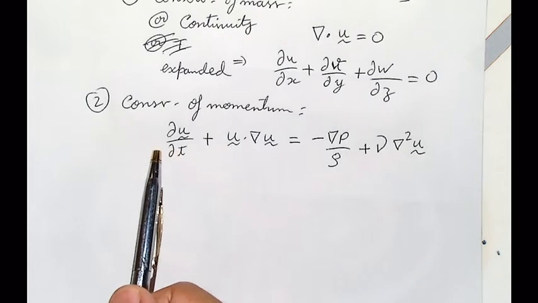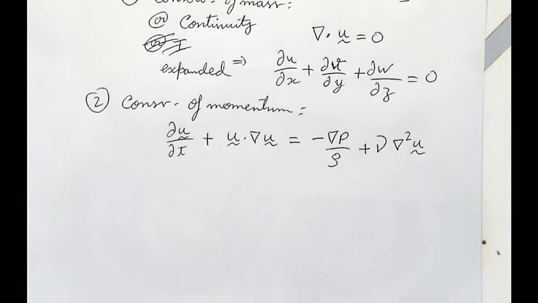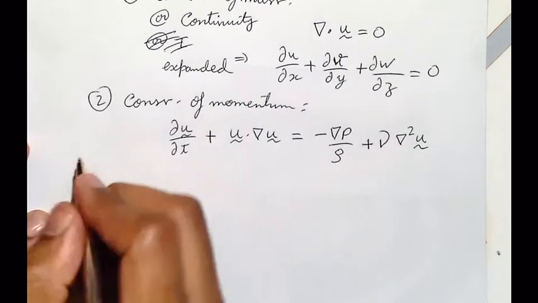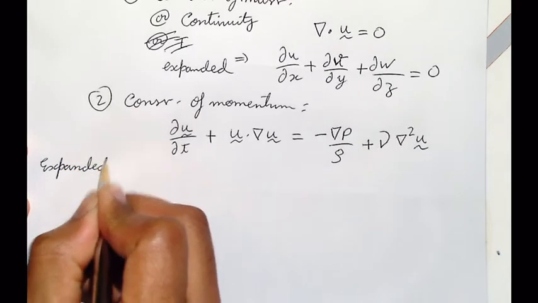We can write one each for how u changes in time, then how v changes in time, and then how w changes in time. If you're confused, u vector is ui plus vj plus wk. Okay, so let's do that. So expanded, we can write this as 3 different equations.